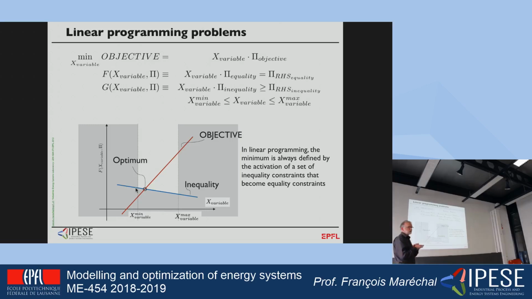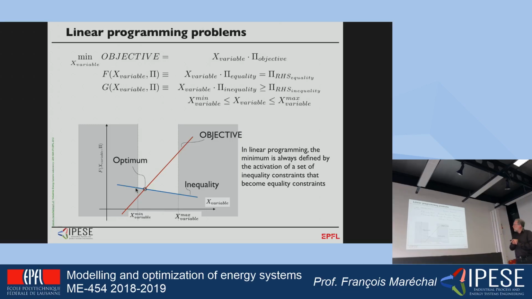It means that the solving methods for linear problems will always look for the identification of which one of the inequality constraints has to be transformed into an equality constraint. And that's the way the methods for linear programming are working. And this highlights the importance of bounds when you solve a linear programming problem.